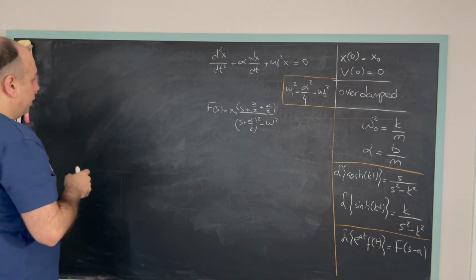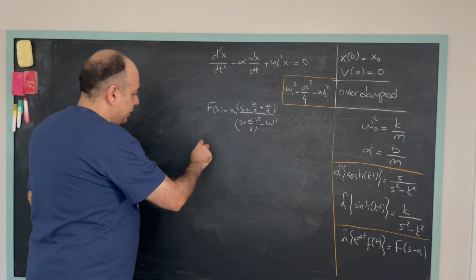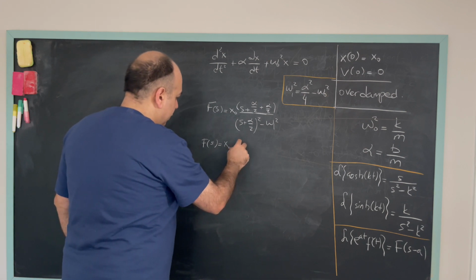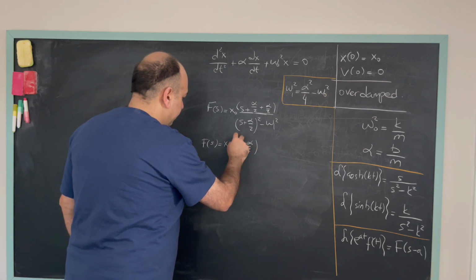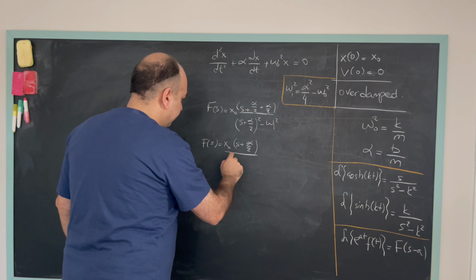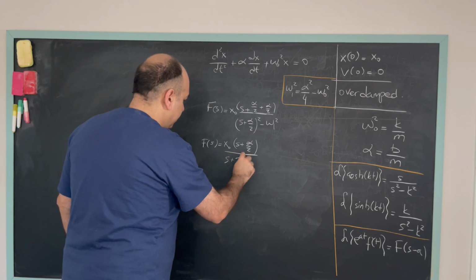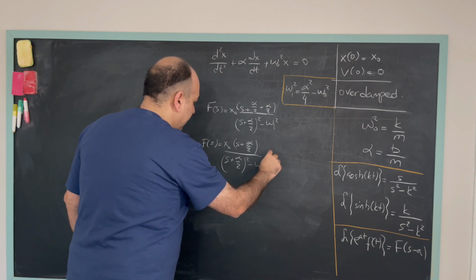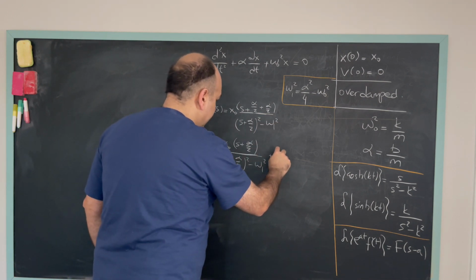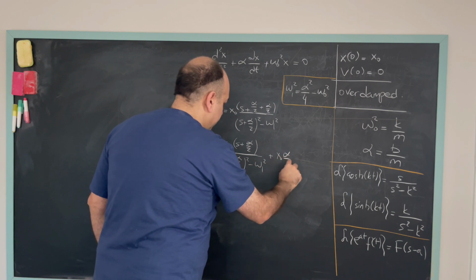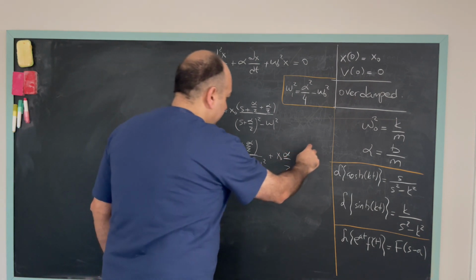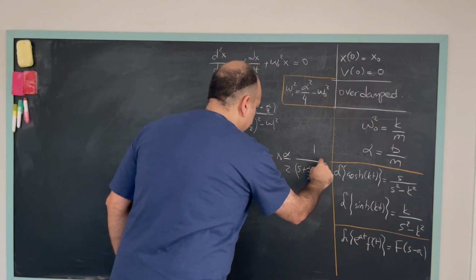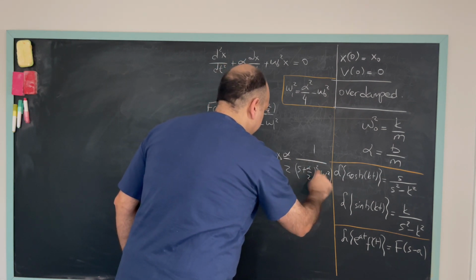When we do that, this F of s becomes: the first term is x naught times s plus alpha over 2, all divided by s plus alpha over 2 square minus omega 1 square. Then plus x naught alpha over 2 times 1 over the same term, s plus alpha over 2 square minus omega 1 square.